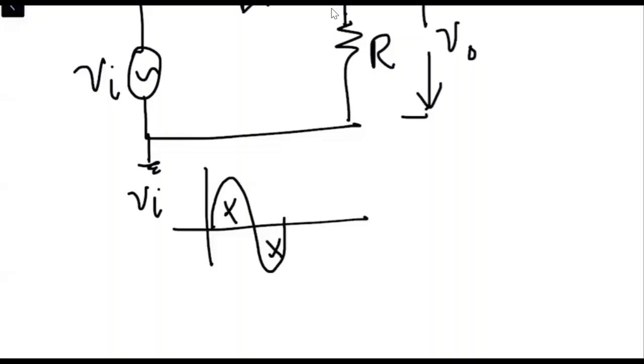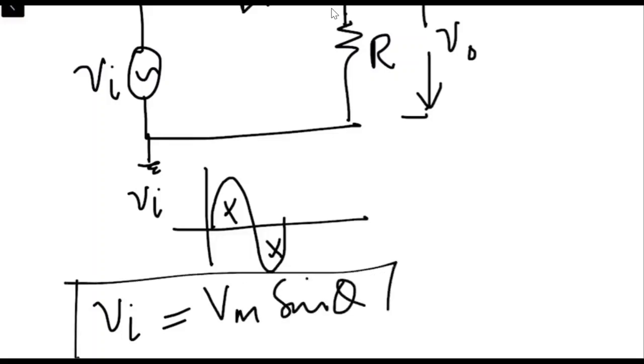So in the AC source, we have a sinusoidal waveform. And normally the sinusoidal waveform is depicted as VI equals Vm sine of theta, right? You have studied this in your PWE course, right? Where Vm represents the peak value over here.